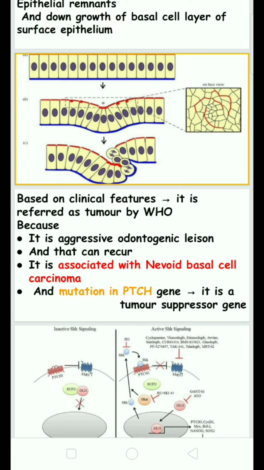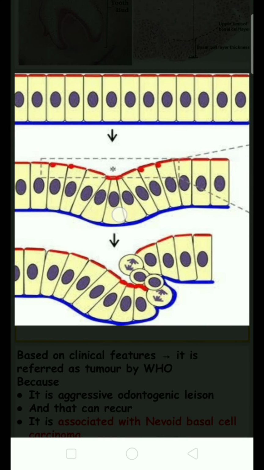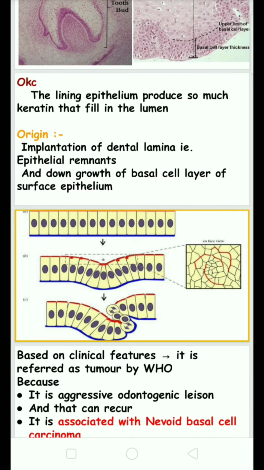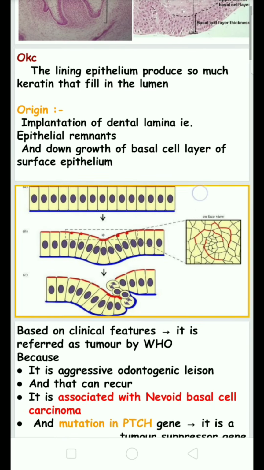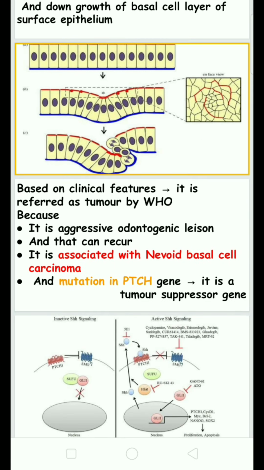What is nevoid basal cell carcinoma? It is a proliferation of the basal cell layers of the surface epithelium, which leads to the formation of cancer cells. At the same time, there is a mutation in PTCH. What is the role of PTCH?